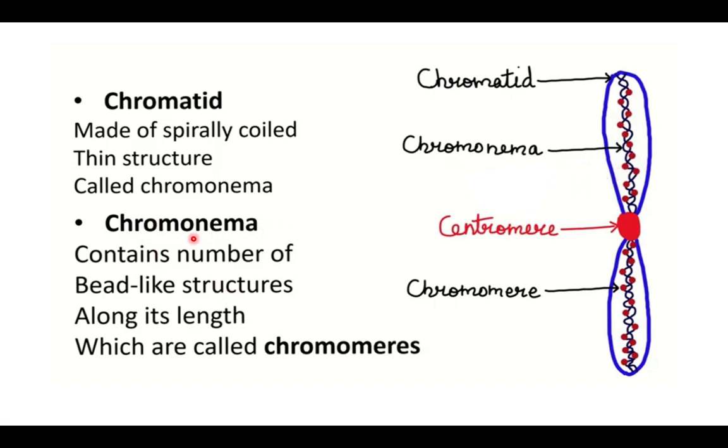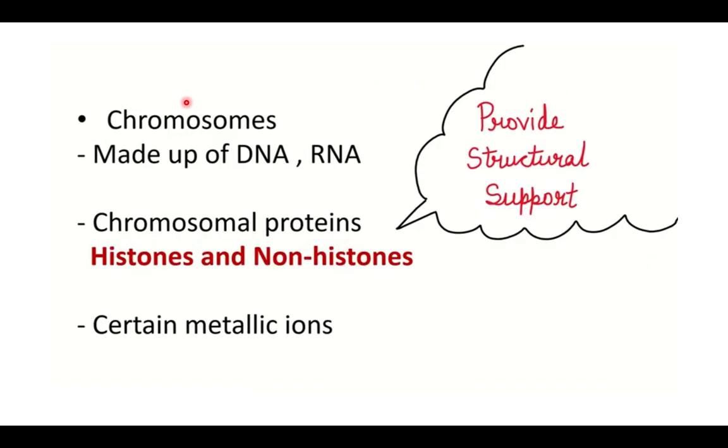And this chromonema consists of a number of bead-like structures. You can notice the red dots. These bead-like structures along its length are called chromomeres. So the bead-like structure is what? Chromomere. The thread-like structure is what? Chromonema. Where is it present? In the chromatid.